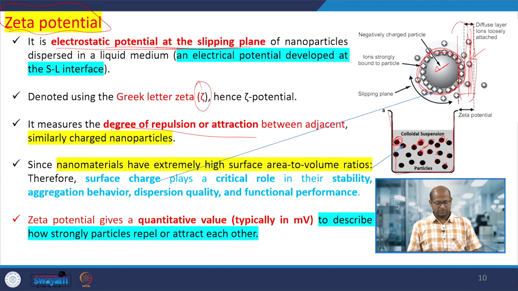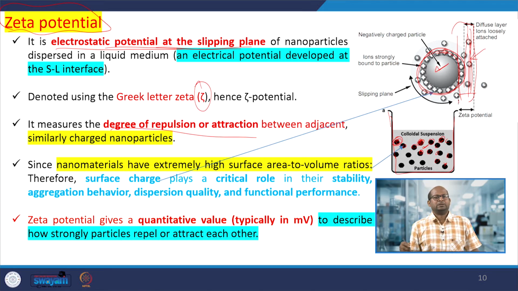Sometimes, the nanomaterials we have prepared were initially bulk size, and then we do size reduction, increasing the surface area, and as a result the surface to volume ratio increases. So once a nanomaterial changes from bulk to smaller, the surface to volume ratio increases, therefore the surface charge present outside of that material plays a crucial or critical role in the stability of that material in that particular solvent.